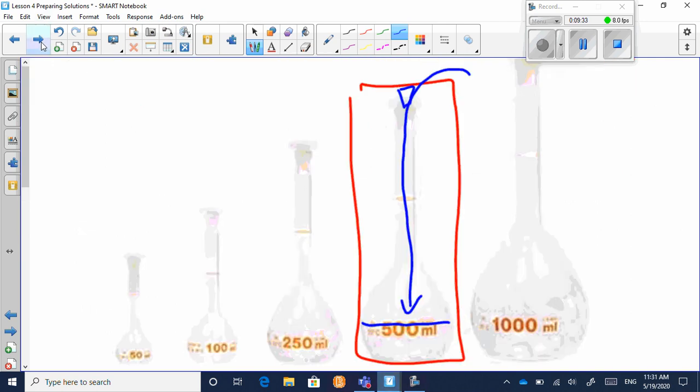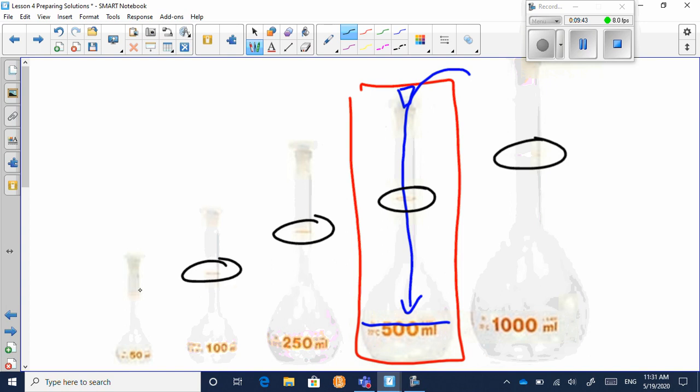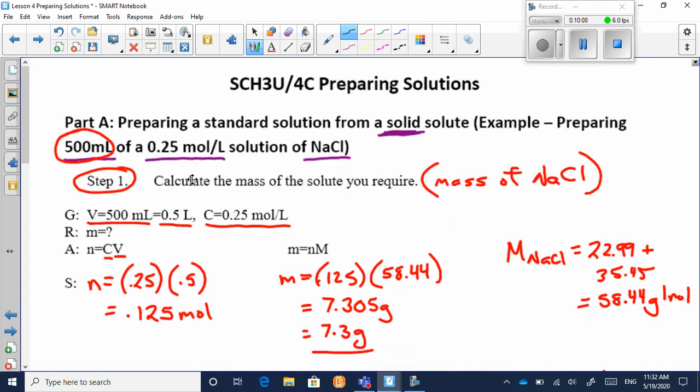All volumetric flasks have this little etched line in them, and you can see them. They're very accurately put on there so that if you fill the water up to that etched line, you will have exactly, in this case, 500 mLs, or 1,000 mLs, 250, and so on. That etched line has been calibrated so that when you fill the liquid up to that point, you have exactly 500 mLs of the solution.